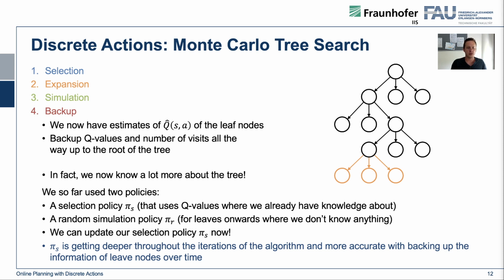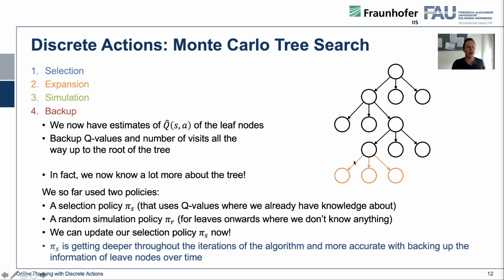So far, we actually used two policies. We used the selection policy pi s that is used in the selection step. And this selection policy pi s usually uses the Q values that we already have knowledge about. On the other side, we have a random simulation policy pi r. So depending on the leaf nodes, we don't know what to do, so we take the random policy. However, while we did this randomly in here, we now gained information that we can use to improve our selection policy pi s.